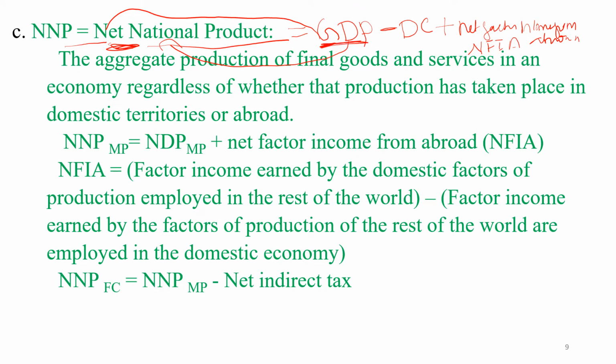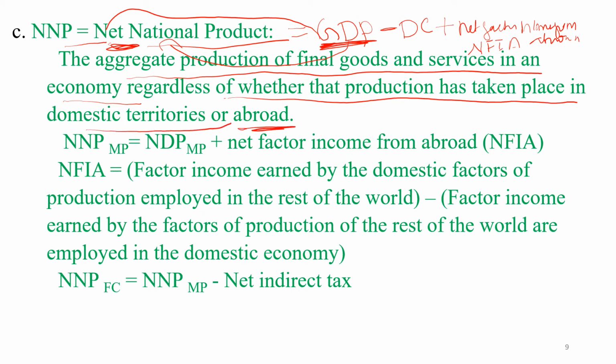First we are going to write a meaning for GNP: aggregate production of final goods and services in an economy, regardless of whether that production has taken place in the domestic territory or abroad. See here, net national product at market price is equal to net domestic product at market price plus net factor income from abroad. For net domestic product, N is already there, so no issues.